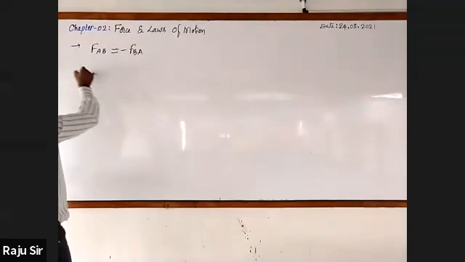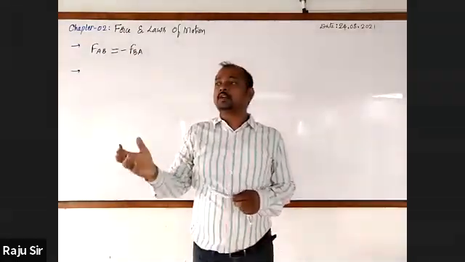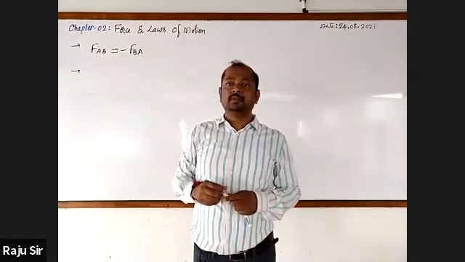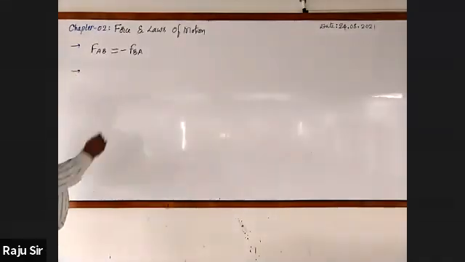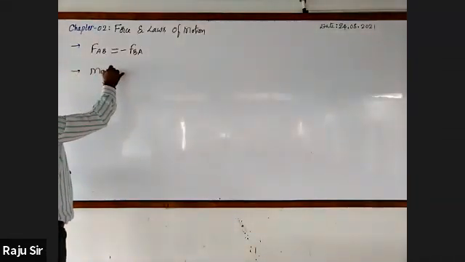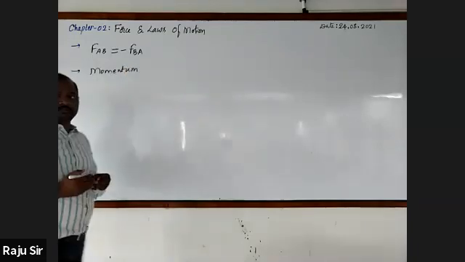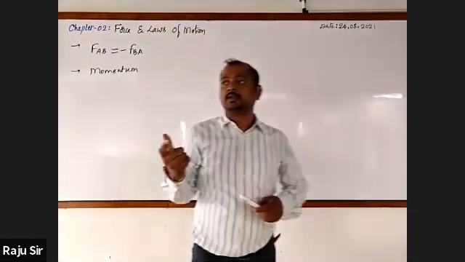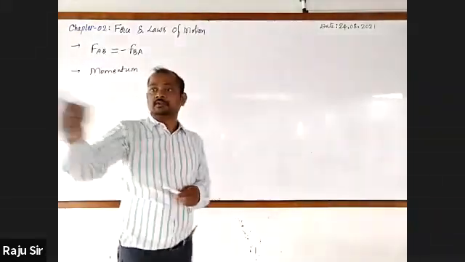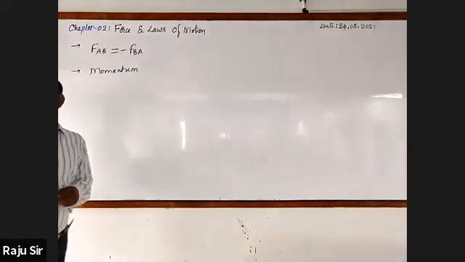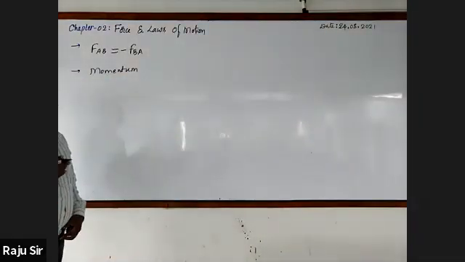Next, we all know that the quantity of motion possessed by a body is nothing but momentum, right? If we consider the momentum of two bodies, we use the plural, momenta.